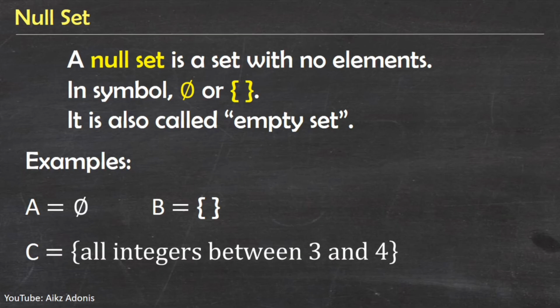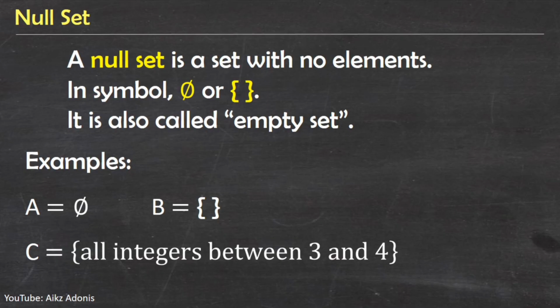We also have the null set. A null set is a set with no elements. A null set can be denoted by either of these symbols. It is also called the empty set. For example, sets A and B are obviously null sets, while set C is also a null set because there's no integer between 3 and 4.